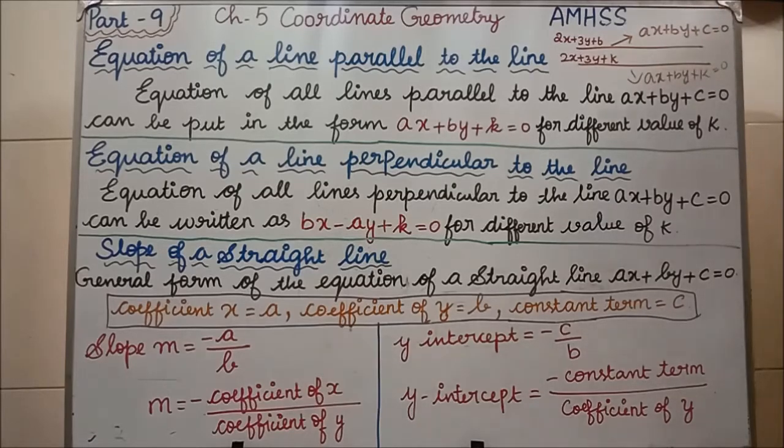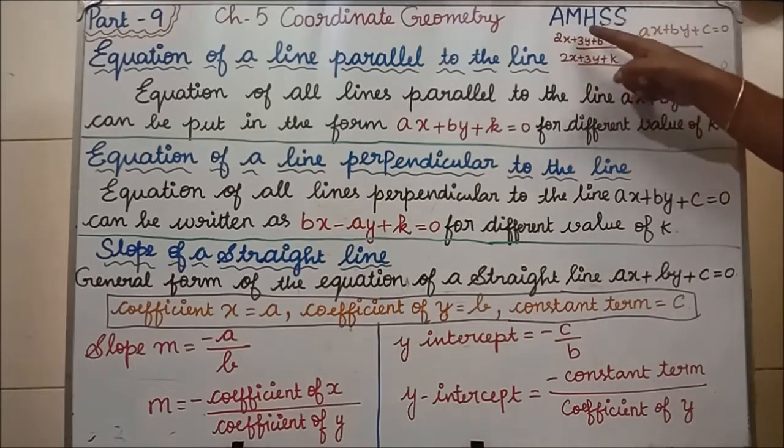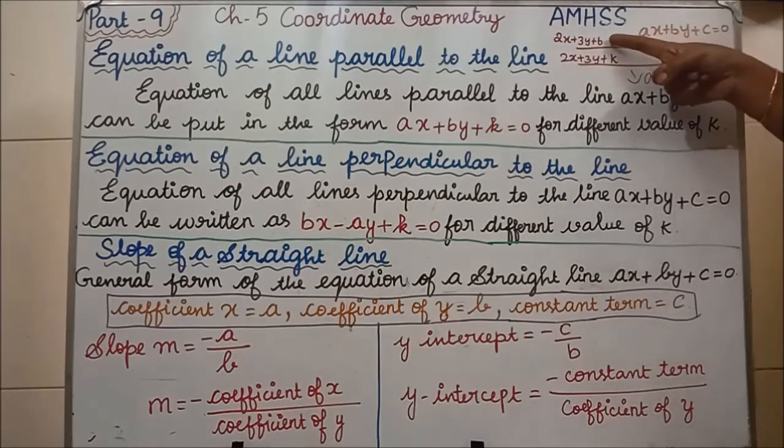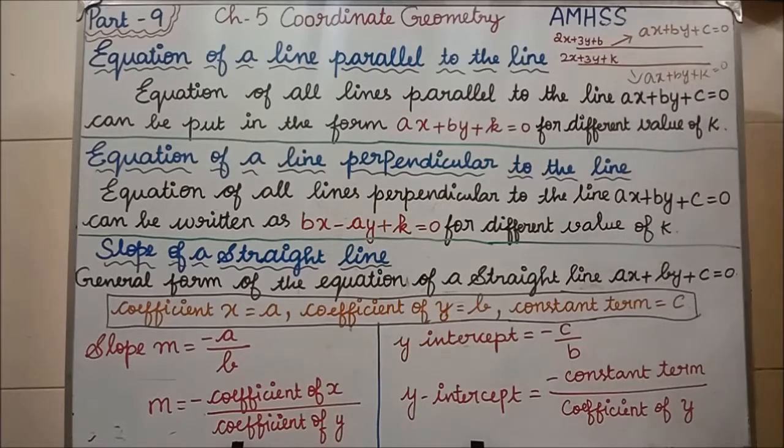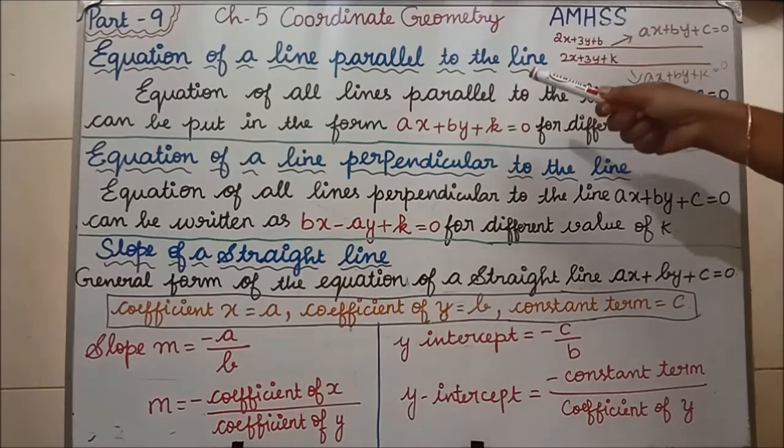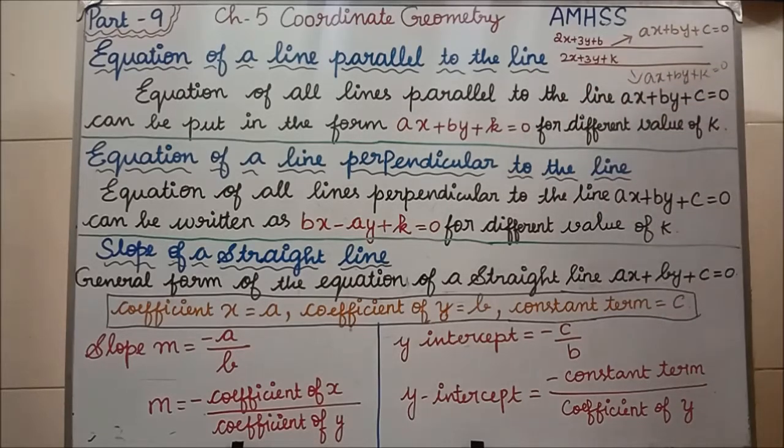Then for the parallel line, the first two terms will be the same, but instead of the 6, you will have some other value. It can be 8, it can be 2, like that you will get. Clear? So that is why I have written ax + by + c, and how it can be changed into ax + by + k = 0 for different values of k. Clear all of you?